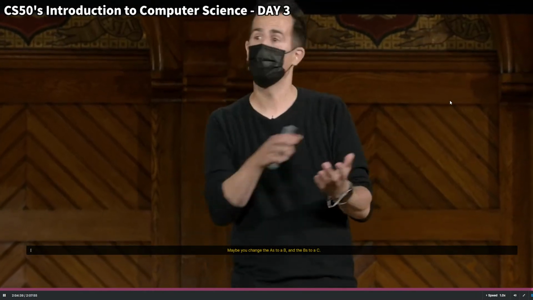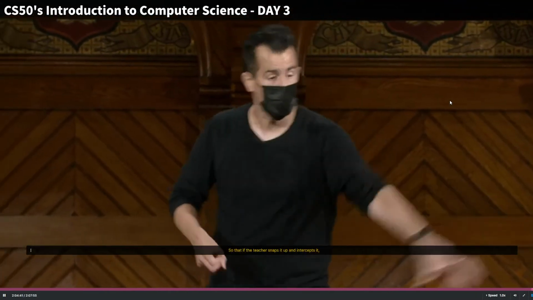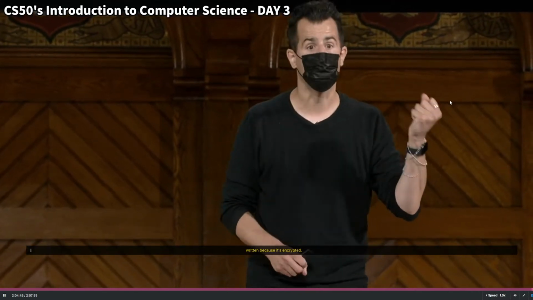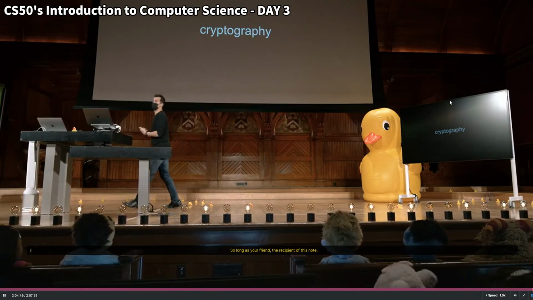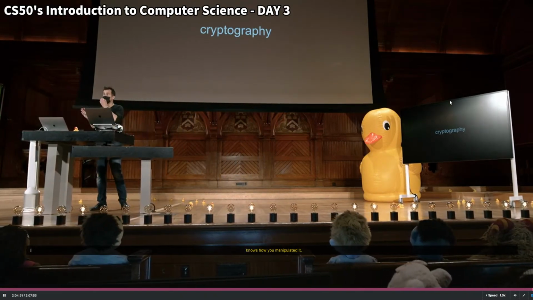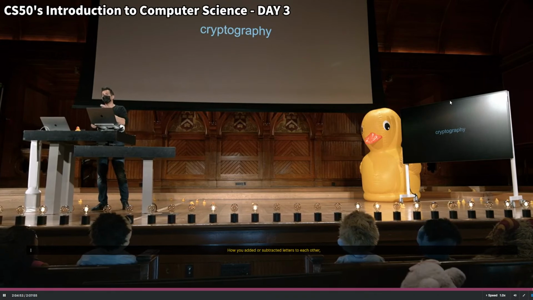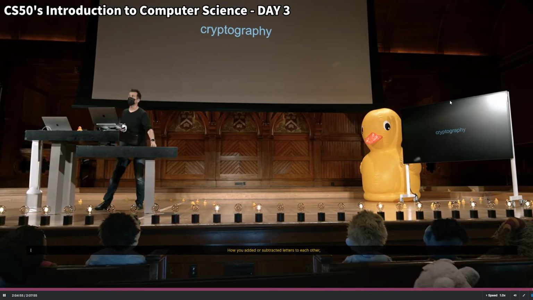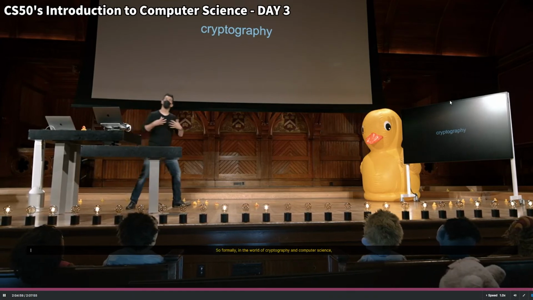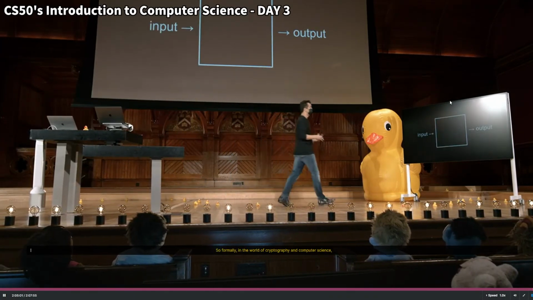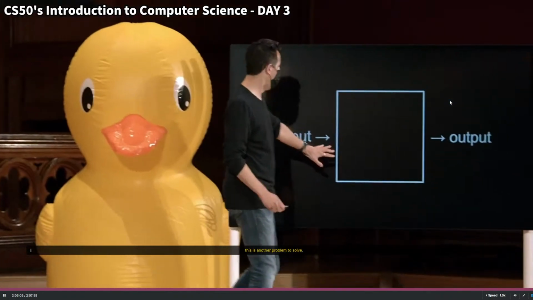Maybe you change the A's to a B and the B's to a C so that if the teacher snaps it up and intercepts it, they can't actually understand what it is you've written because it's encrypted. Now, so long as your friend, the recipient of this note, knows how you manipulated it, how you added or subtracted letters, they can decrypt it, which is to say reverse that process. So formally, in the world of cryptography and computer science, this is just another problem to solve.